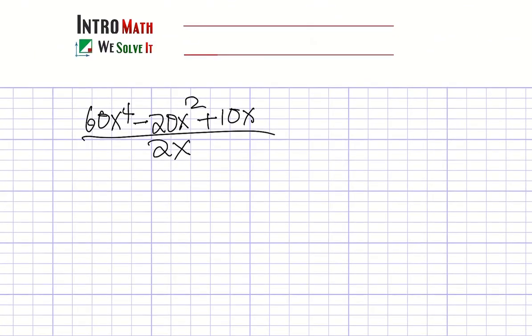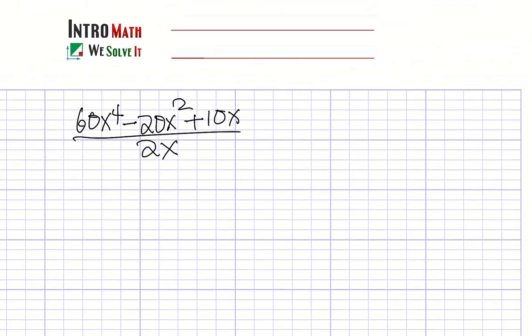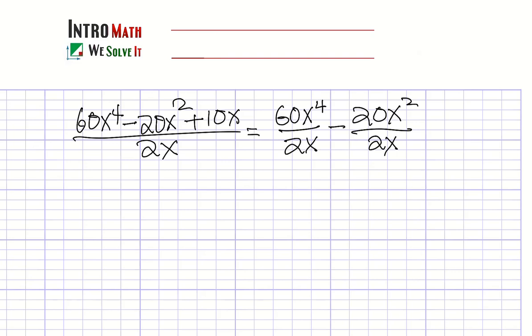What is this here? Okay, we'll do the same thing, okay? It's the same idea. You go like that. This is equal to 60x raised to power 4 over 2x minus 20x raised to power 2 over 2x, okay? Plus 10x over 2x.